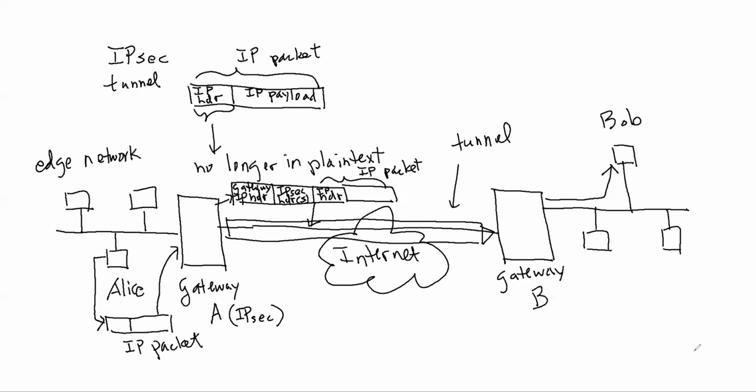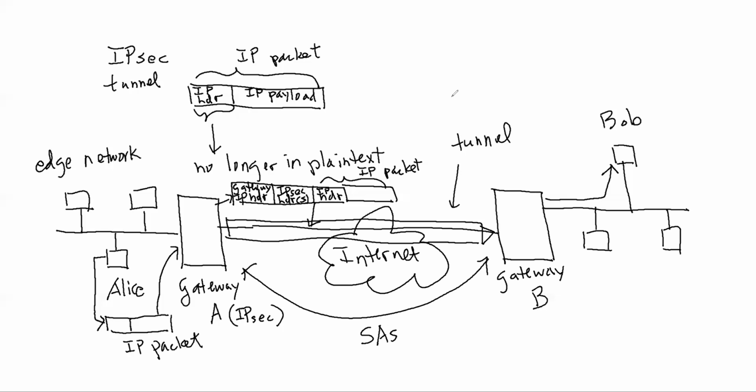Now in the picture before, there are only two gateways connected. This means that the security associations are created between these two gateways.